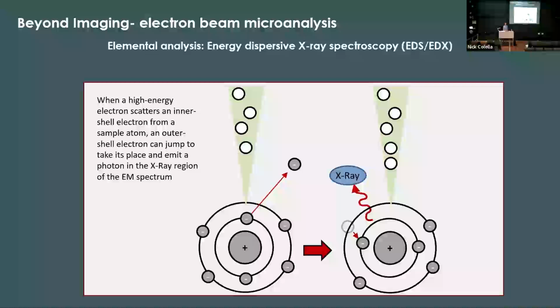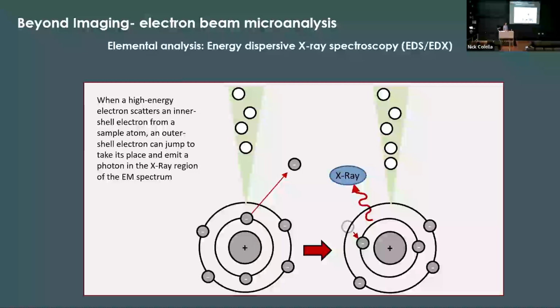So we saw some models before for how the beam might create a secondary electron or a backscattered electron. There's another thing that can happen as well, which is that the beam can create a secondary electron from the inner shell of a sample atom rather than the outer shell. That will create a vacancy in the inner shell.